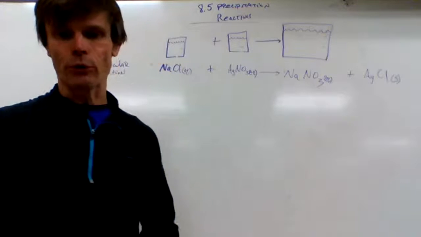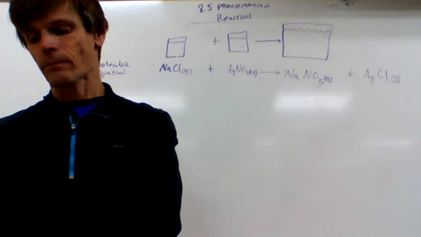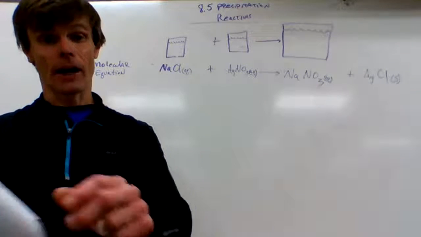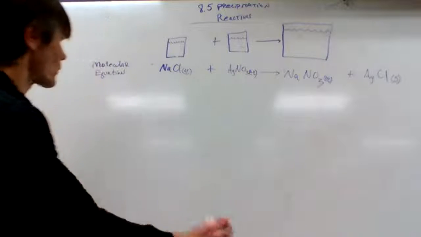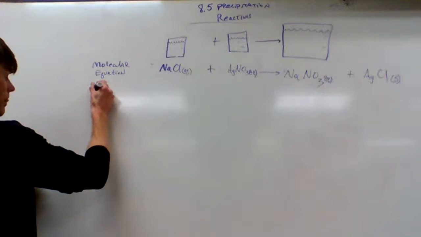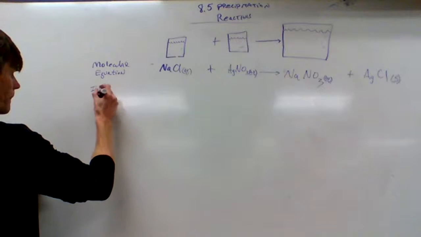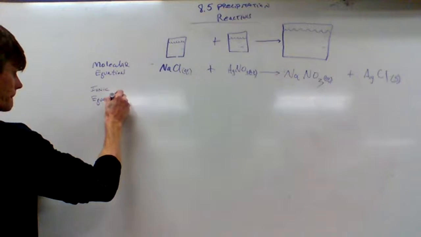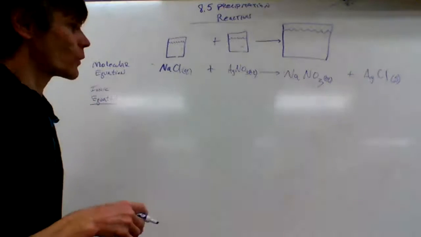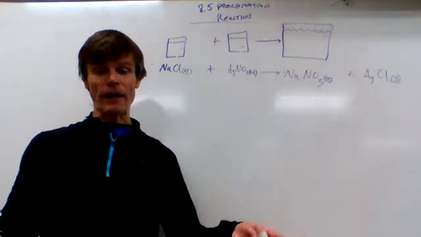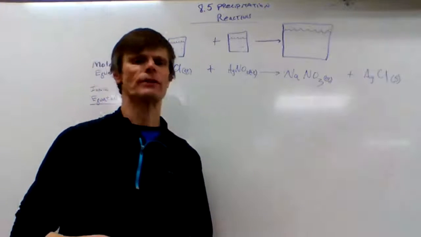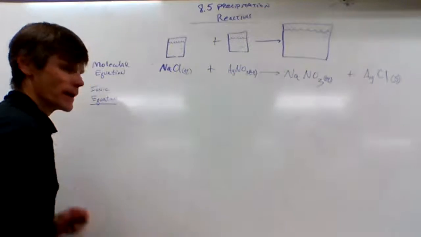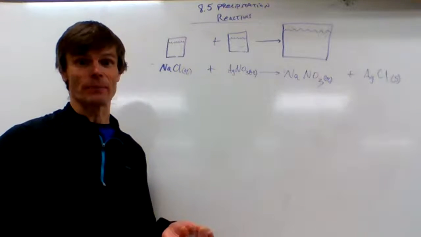So we can actually improve on this definition. We can write what we call an ionic equation. So let's write an ionic equation. The ionic equation breaks these into individual ions when we have an AQ written in parentheses by that substance.